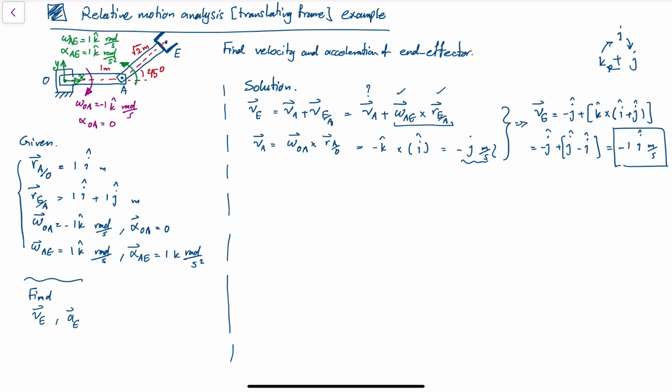So that is the velocity of point E. It is just coming down. It doesn't have any, wait a second. No, it only goes to the right. The J components of essentially two motions, E relative to A and the motion of A itself, cancel out given this configuration. So that is the velocity.